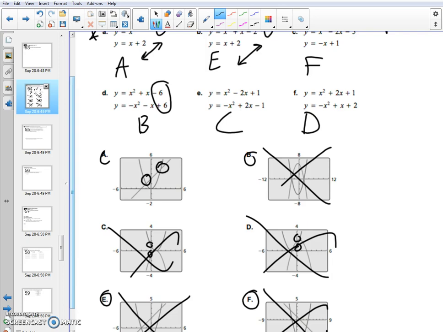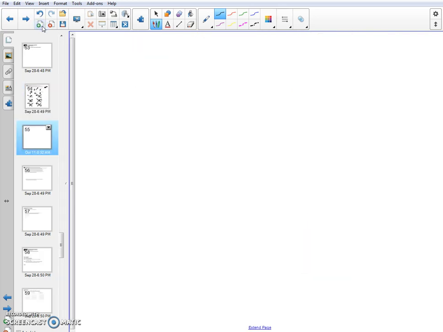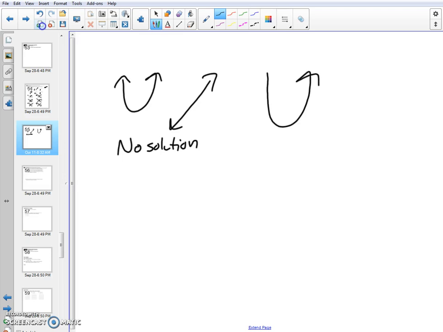So what we want to think about is how many possible solutions there are. If I'm looking at a parabola with a line, if I had something like this situation, there could be no solution. If I have a parabola and the line goes through it, there are going to be 2 solutions.